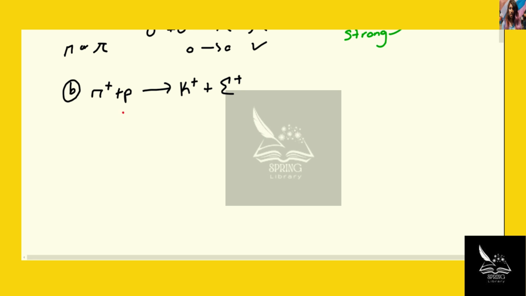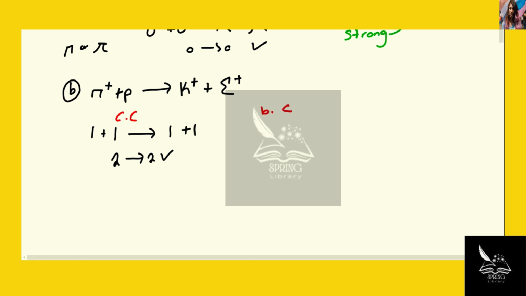So let's find the CC, the conserved charge. We have 1 on this side, and it looks like this is also +1 plus +1, so that means there's 2 and 2. So that checks out.